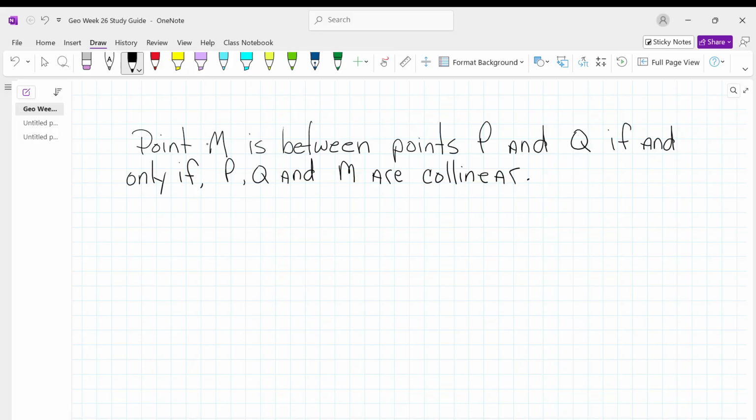Point M is between P and Q if P, Q, and M are collinear.